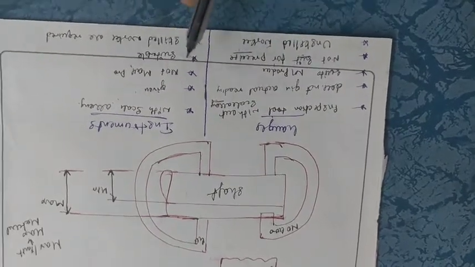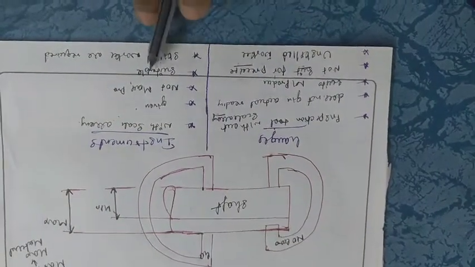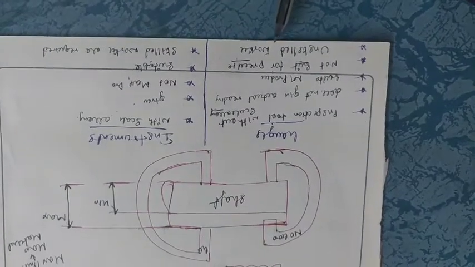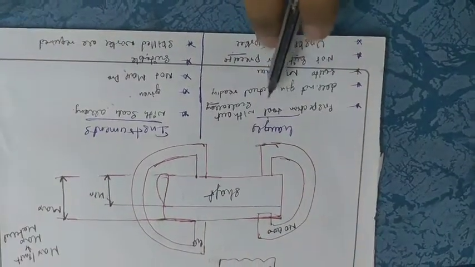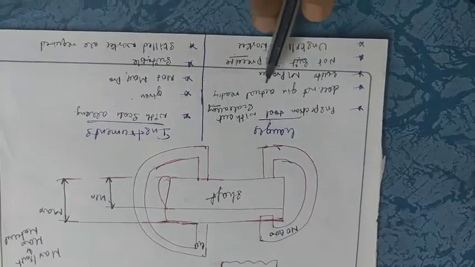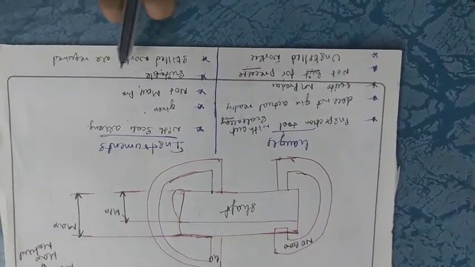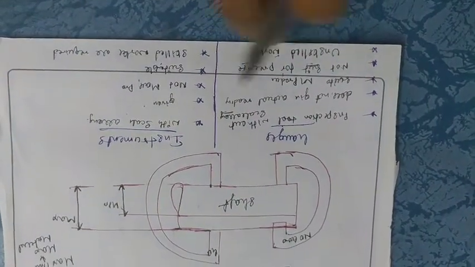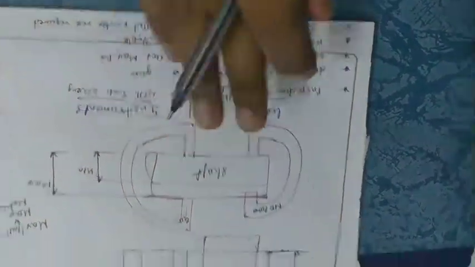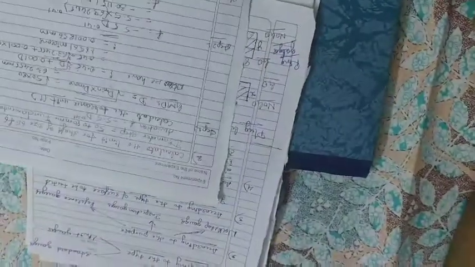Precise is nothing but what, accuracy. You won't get accuracy here. Instruments are suitable for accuracy. Unskilled workers can use these gauges. Skilled workers are required for measurement with the instruments. So this is the main difference between the gauges and the instruments.